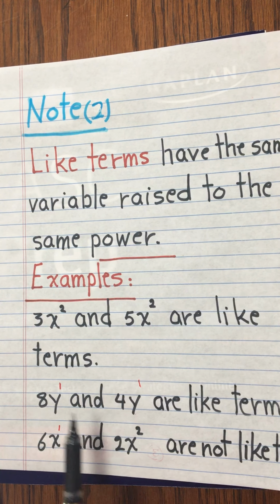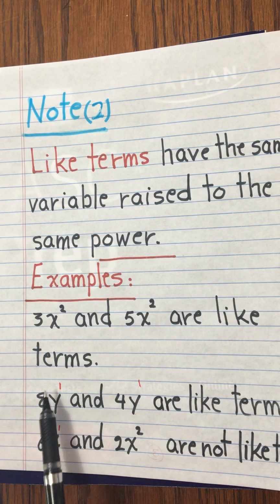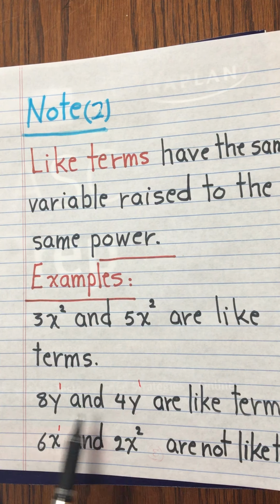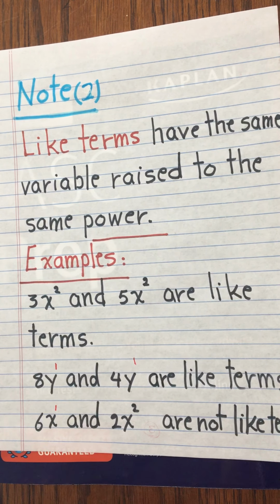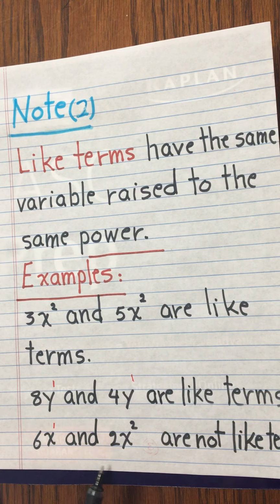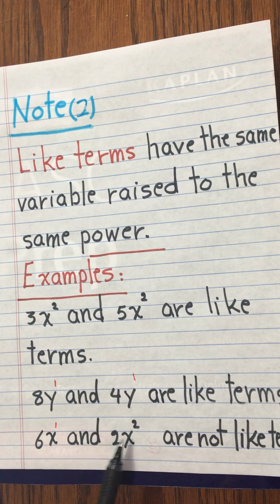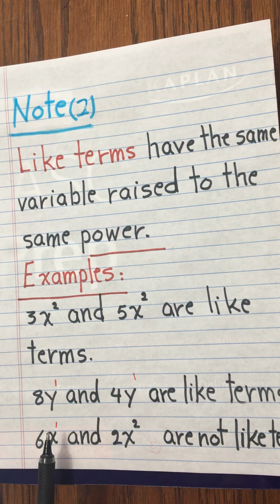They both have y raised to the same power. It means they should have the same variables raised to the same power. 6x and 2x squared are different because they are raised to different powers. X means x to the power 1, and x squared means x to the power 2.